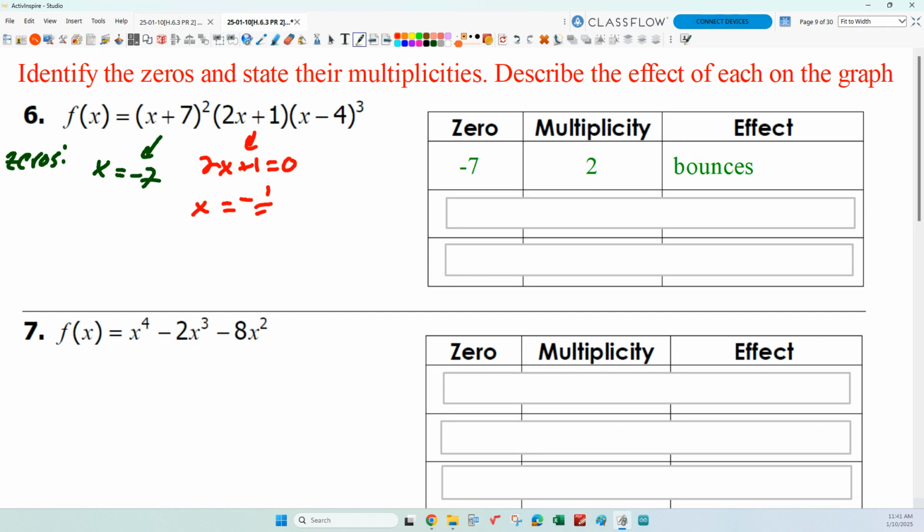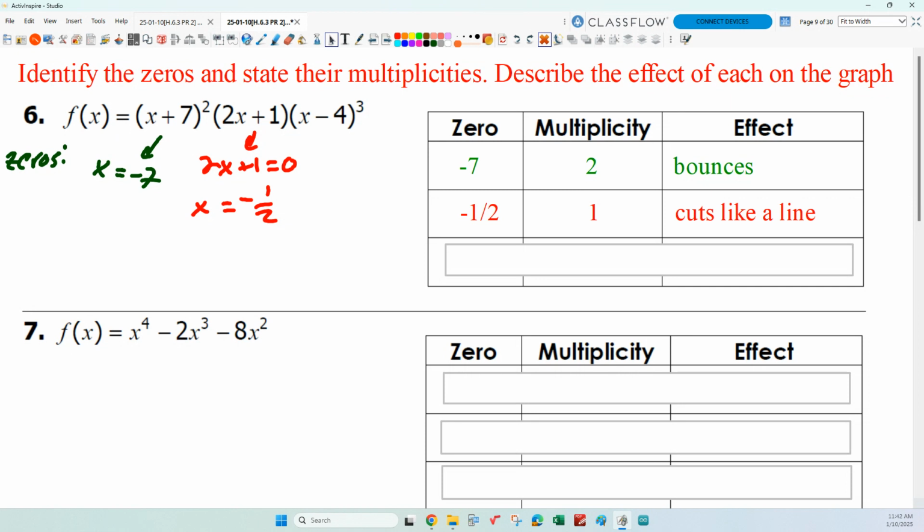Yep. Okay, so we have a zero at -1/2. What's the multiplicity? 1. So what's it going to do? It's going to cut. And I could even go further. It's going to cut like a line.